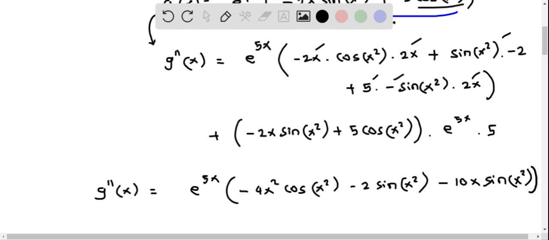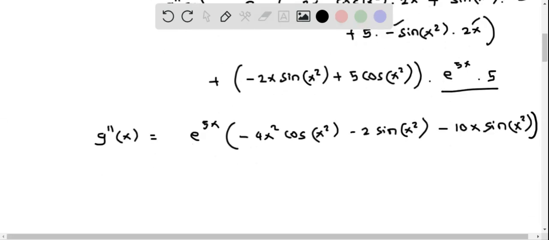We close this bracket. Now this one is e power 5x times 5, which is 5 e power 5x times this expression, that is negative 2x sine x squared plus 5 cosine x squared.